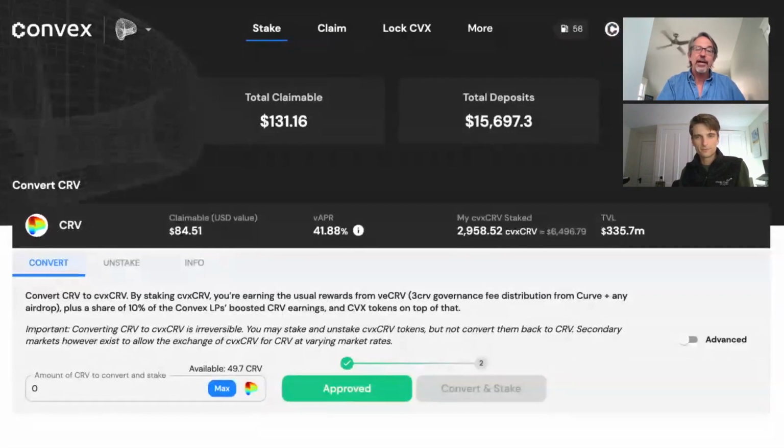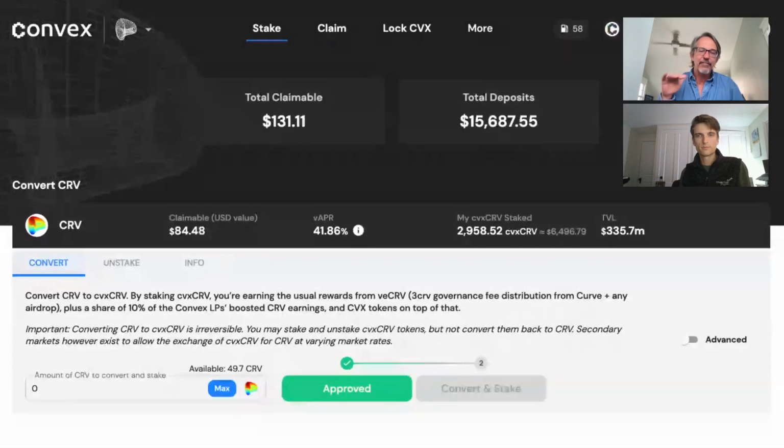I use the Convex platform, which basically you swap your Curve for CVX. It's a token that is basically 1-to-1. And what this does is for Convex, they get the Curve token. They immediately go to Curve and lock it up.